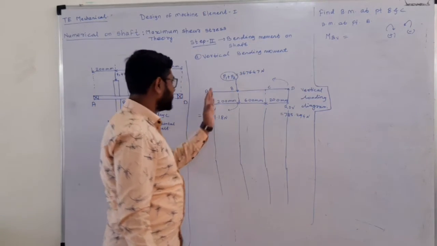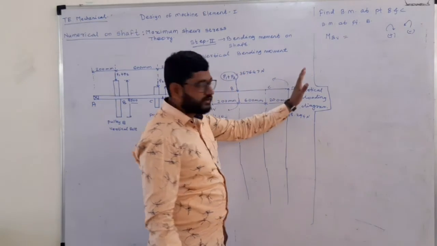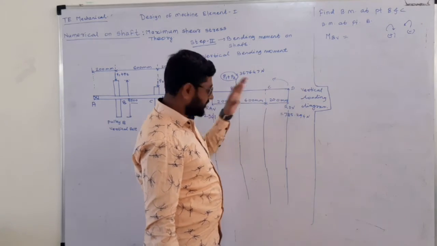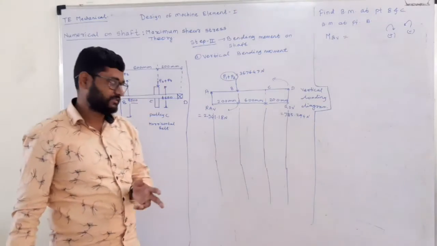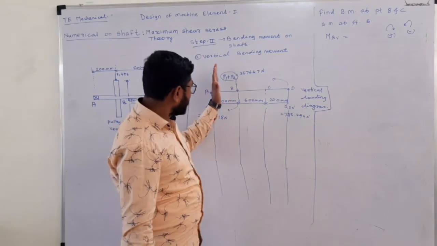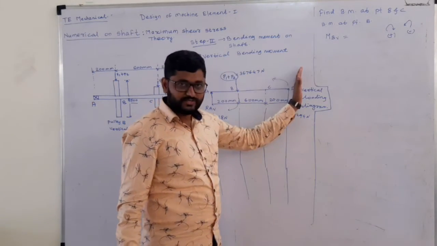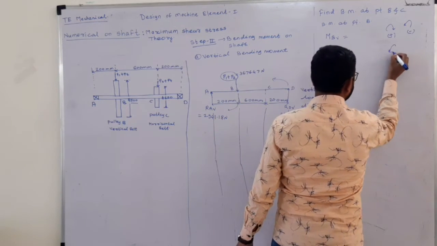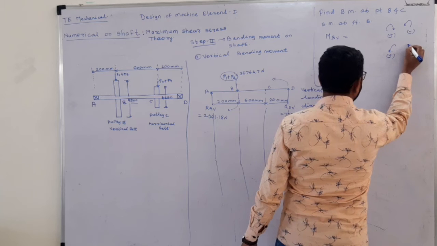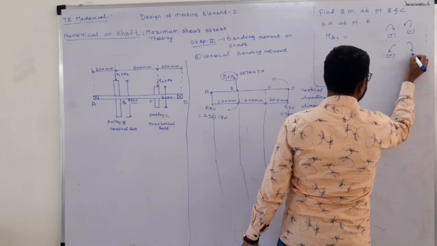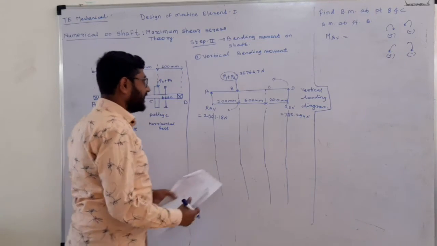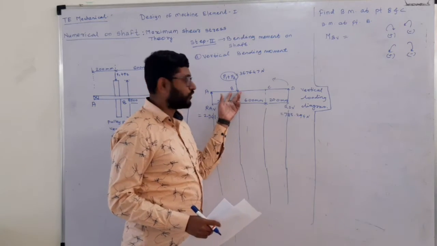If we consider the right side forces of point B, then the sign conventions are changed. That is, when we consider the right side forces, anti-clockwise forces are positive and clockwise forces are negative.